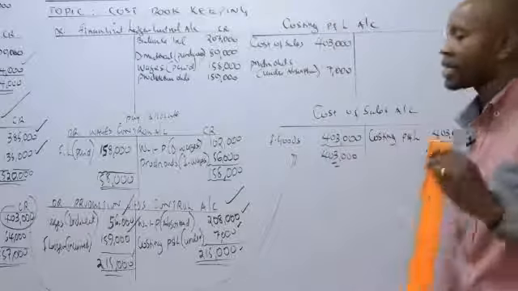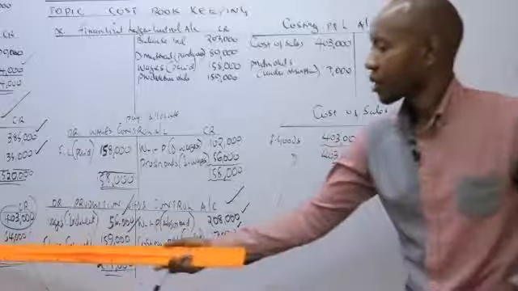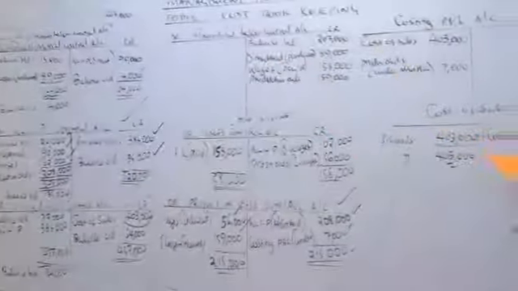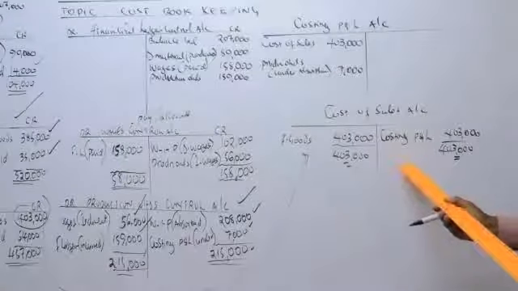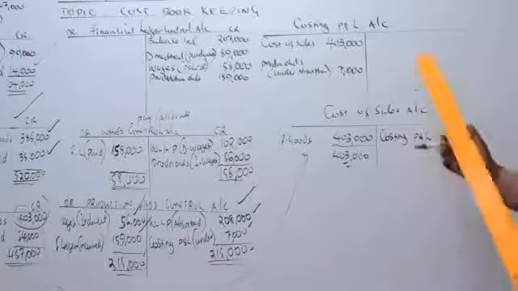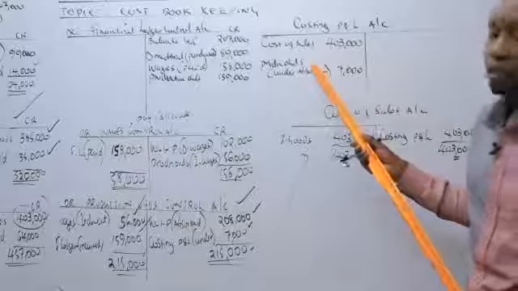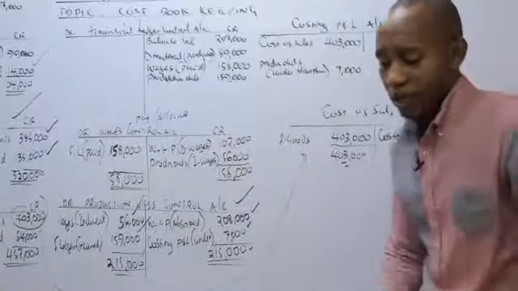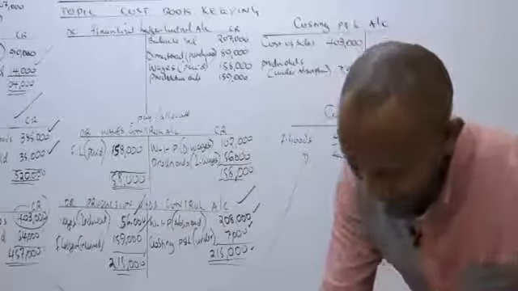I hope that is clear. I will repeat. From the finished goods, I have brought it to the cost of sales. From the cost of sales, I've closed it to the costing profit and loss account. So I hope all those transactions are clear.